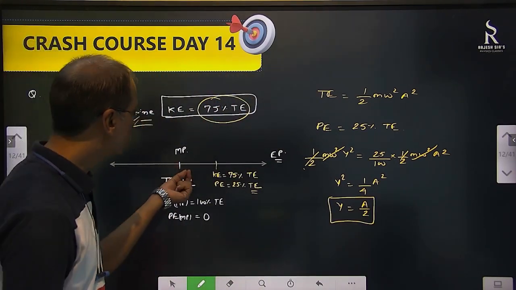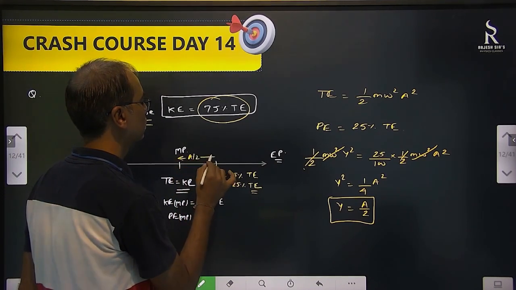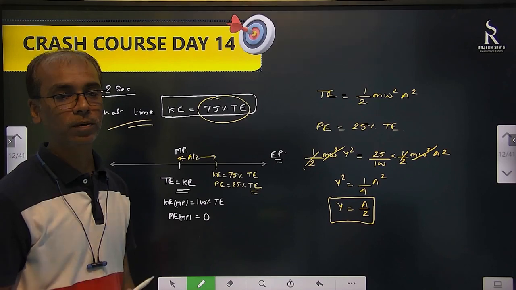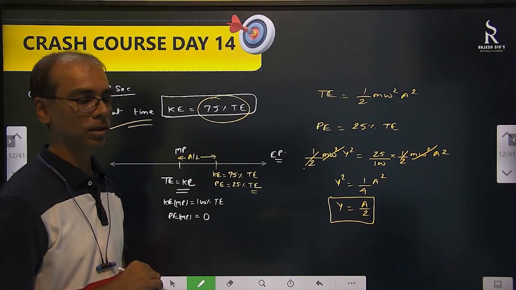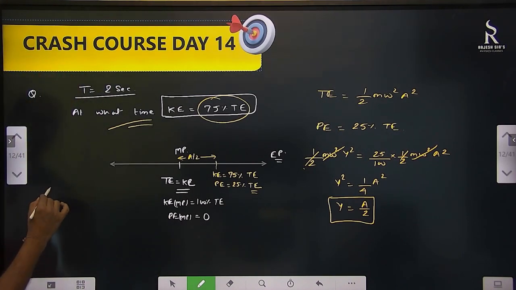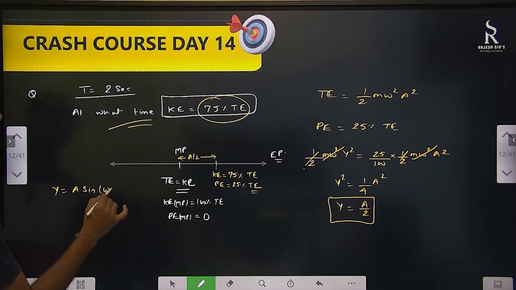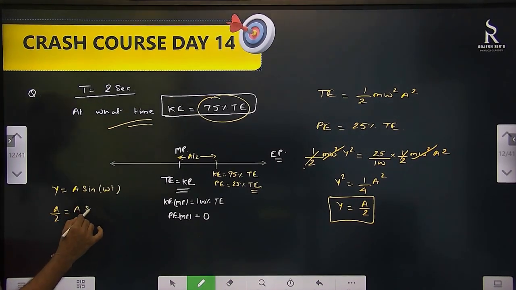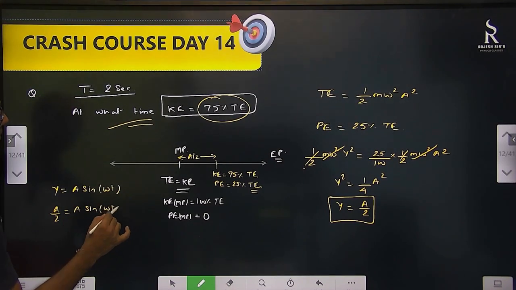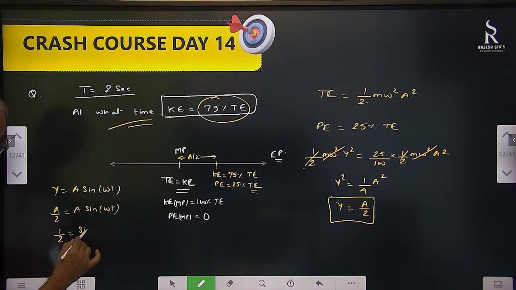Okay, so from mean position you have just moved a by 2, and a by 2 is what angle, we have already done. A by 2 means 30 degrees. Okay, y equal to a sin omega t, just recollect. a by 2 equal to a sin omega t. So 1 by 2 equal to sin omega t.